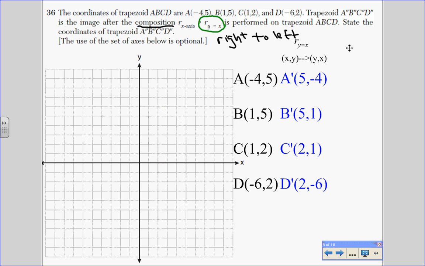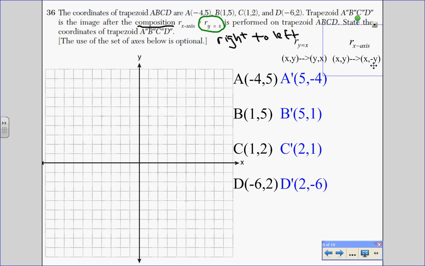So a reflection across the x-axis, what's the rule? Well, the rule is to just change the sign of the y-coordinate. You're not changing the sign of the x-coordinate. You're not switching the coordinates. All you're doing is changing the sign of the y-coordinate. That's what it means when you see that negative sign in front of the y there.